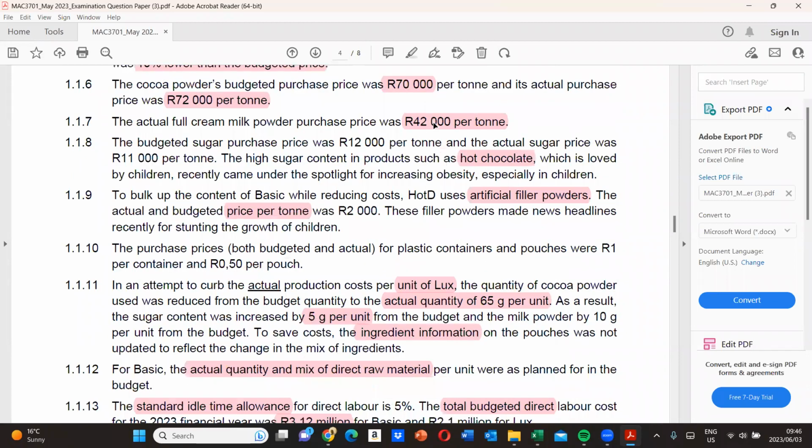So that's full cream, and then the budgeted sugar was that.